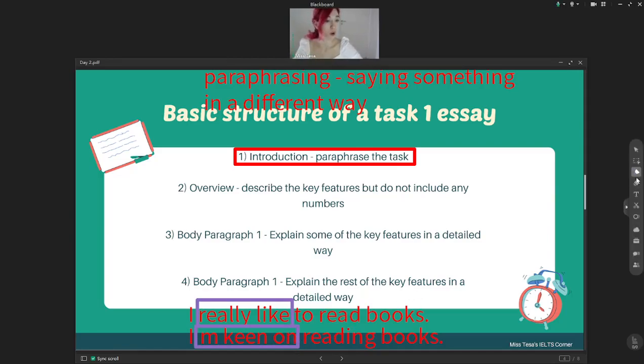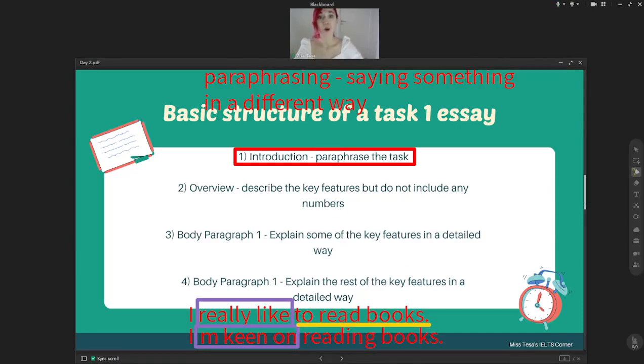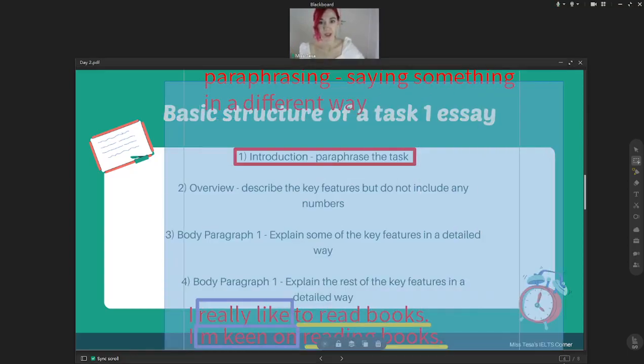And I also said here to read books, while in the second sentence we said reading books. It's the same wording, but it's still said in a slightly different manner. So, that's what paraphrasing is, and that's all you want to do in your introduction, basically.